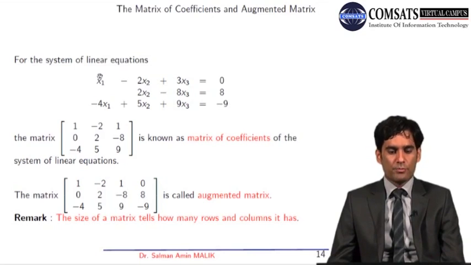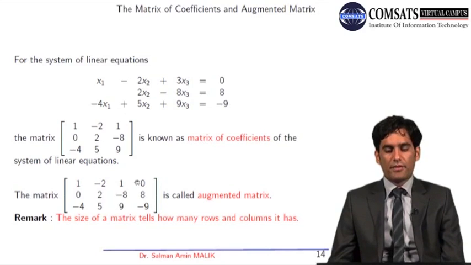For example, corresponding to x1, we have the coefficients 1, 0 and -4. So the first column corresponds to the variable x1. The second column corresponds to the coefficients of x2 in our system. You can see that -2, 2 and 5.